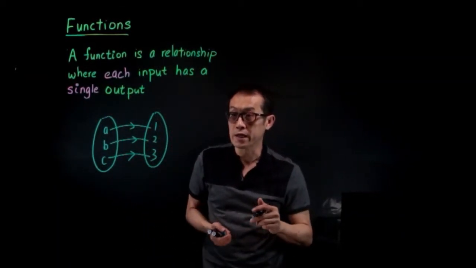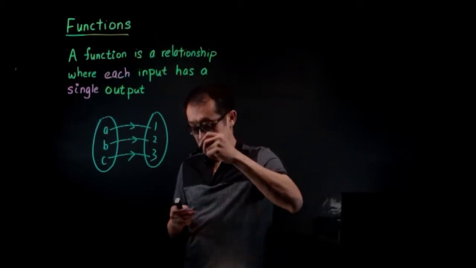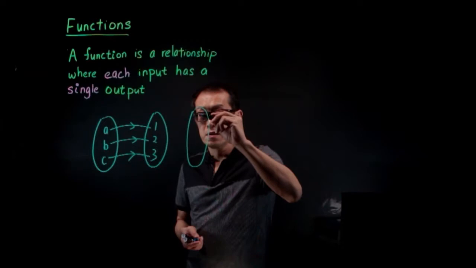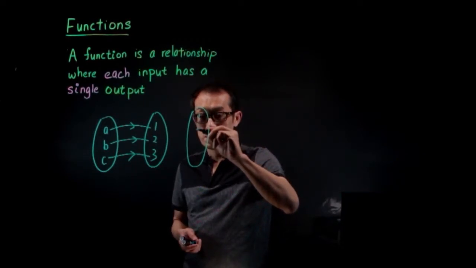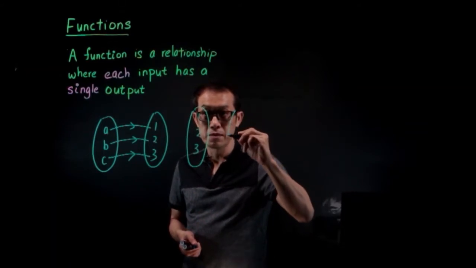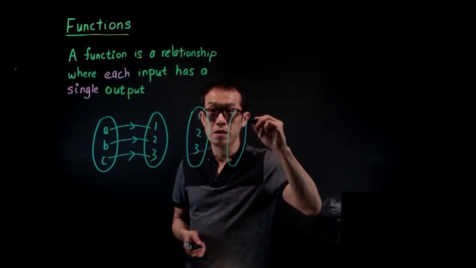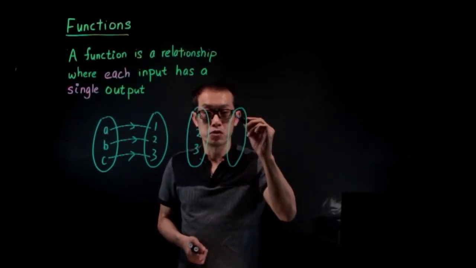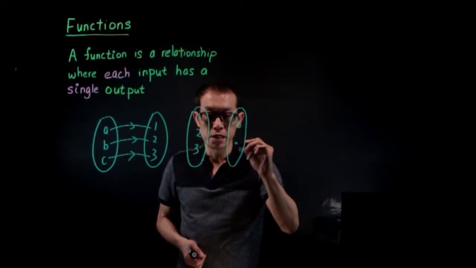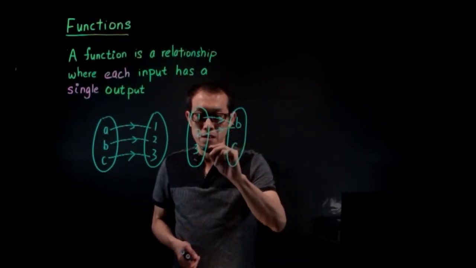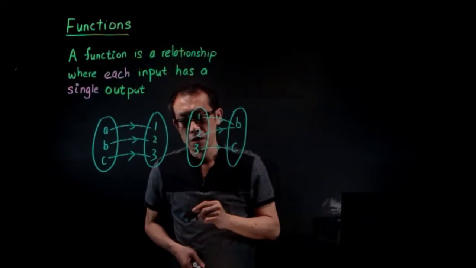Now let's look at another one. So you have 1, 2, and 3. Maybe this time you map onto B and C. Now, you look at this.